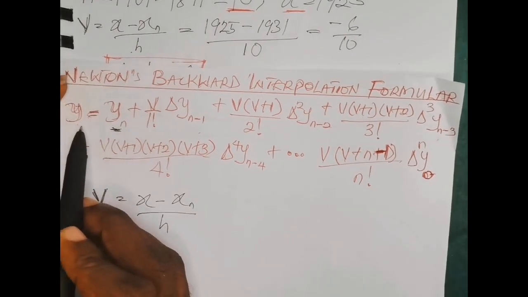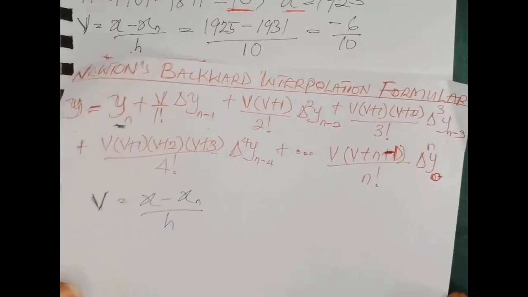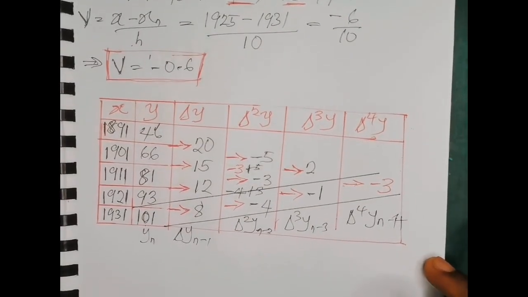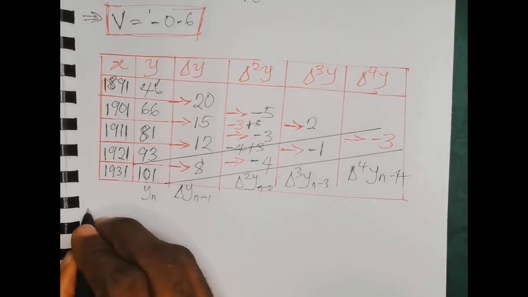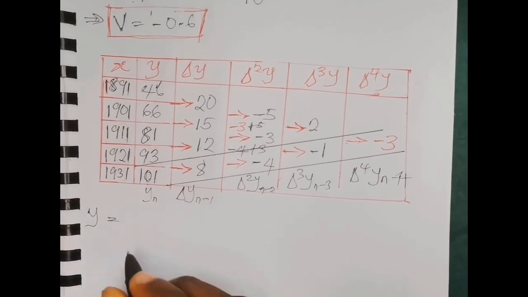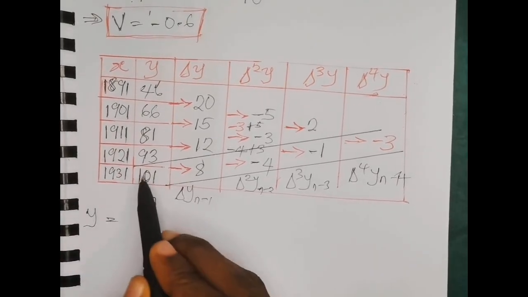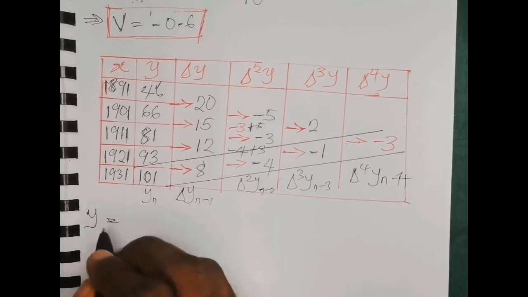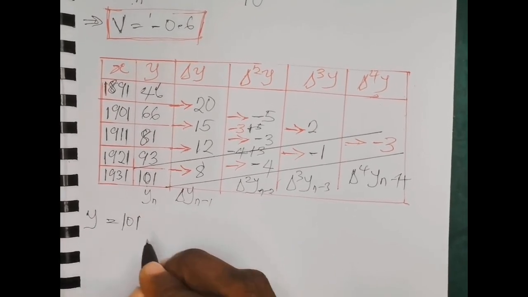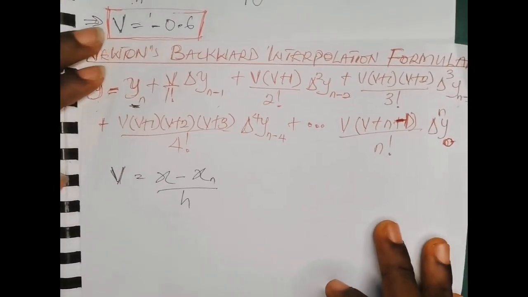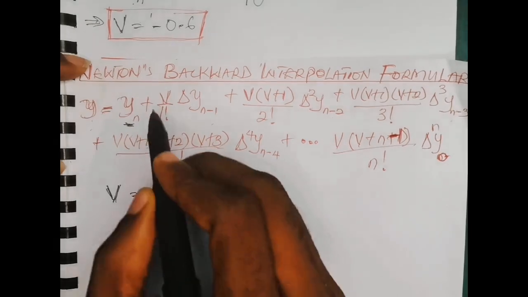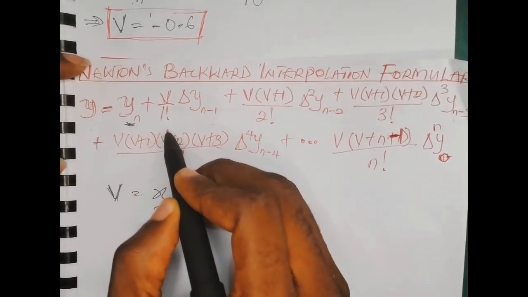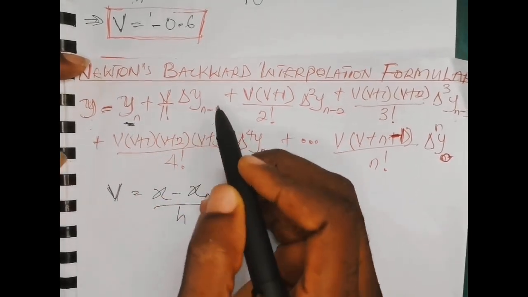All right, so let's see now. Remember from the formula, y is equal to yn. So let's write out everything now. We have y equal to yn, and yn simply means the last value of y, which is 101, plus v over 1 factorial multiplied by delta yn minus 1.